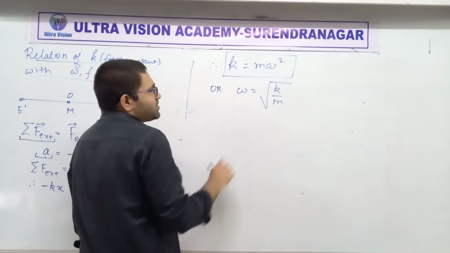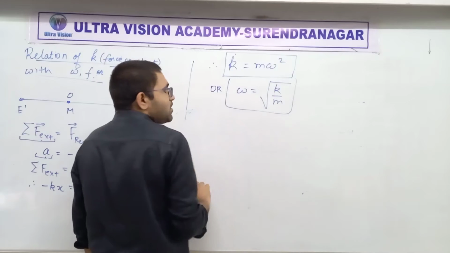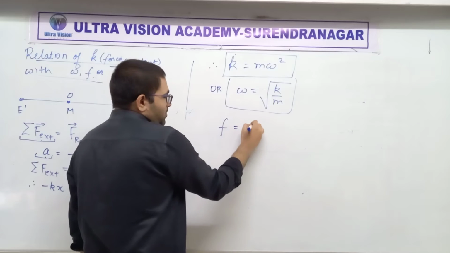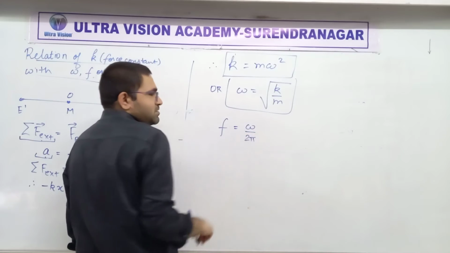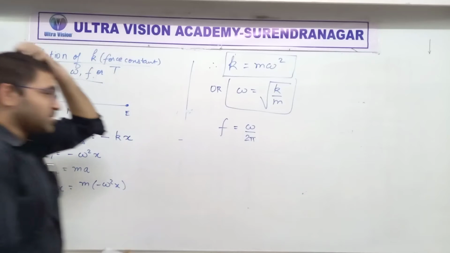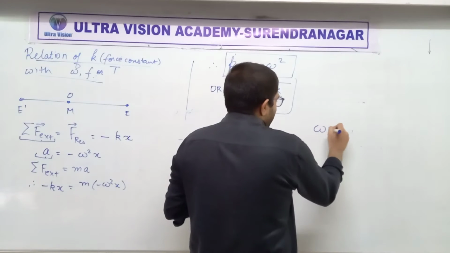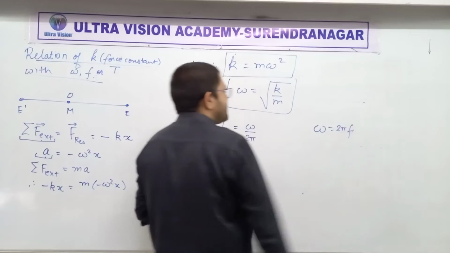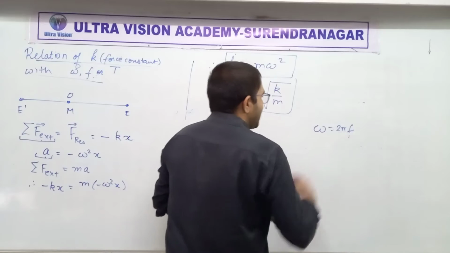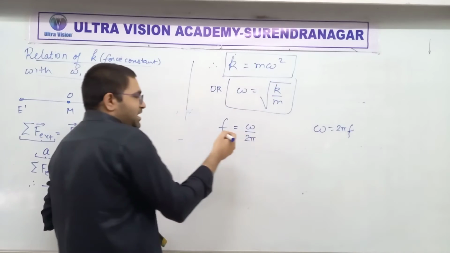Omega equal to under root k by m, or frequency. See, frequency is omega by 2 pi, because earlier we have derived that omega is 2 pi into f. So f is omega by 2 pi.